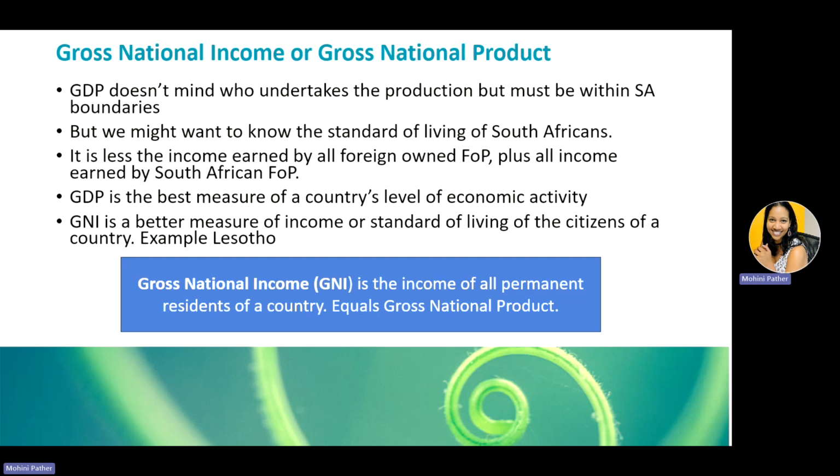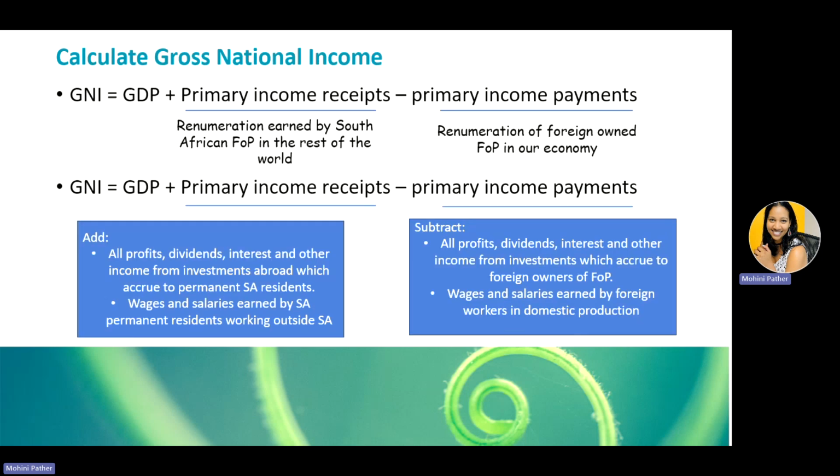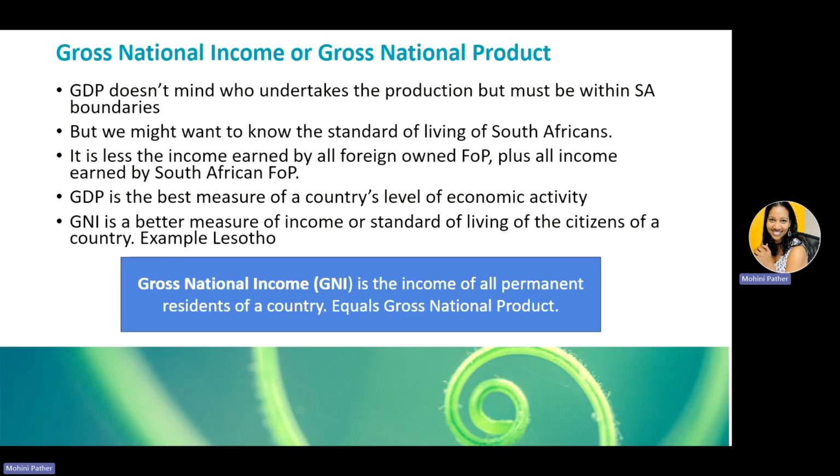And then, of course, looking at income instead of production. So here we're looking at how much you earn as a participant in that other country for our country. It still does equal gross national product.